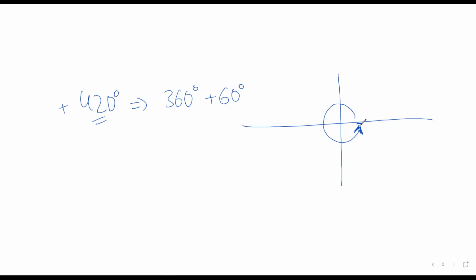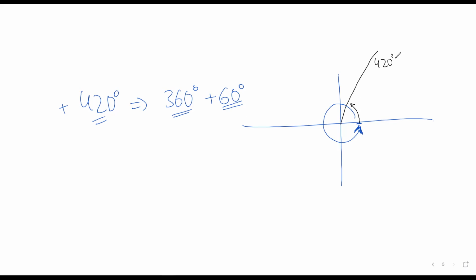Going in the anti-clockwise direction, I will be completing 360 degrees, and then I'll be taking 60 degrees more. So this 360, and this would be 420 degree. Any doubt?